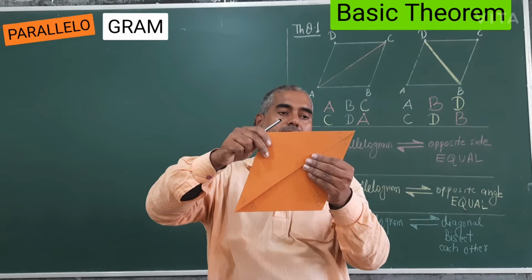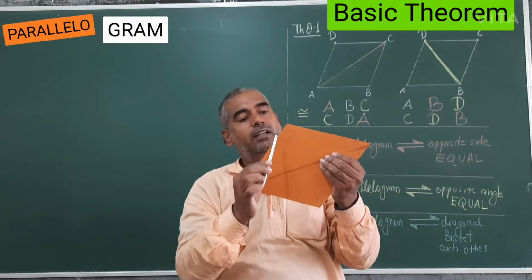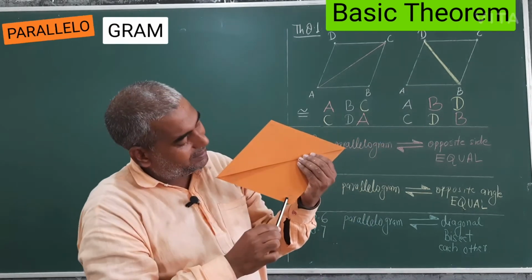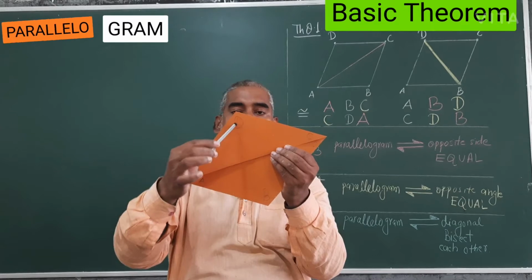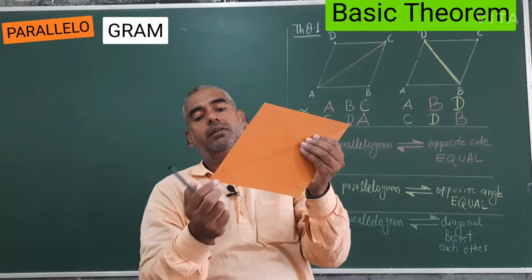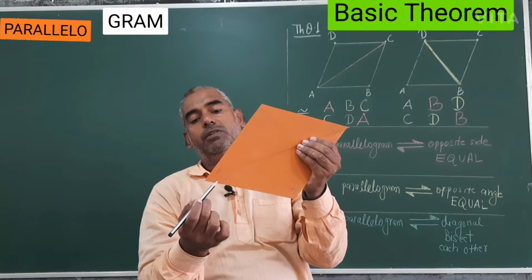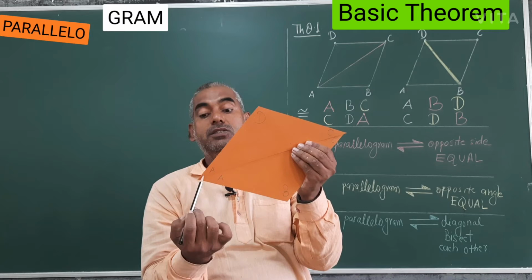Are you able to see? This is D, this is B. These are equal. You know, these are opposite angles, so they will be equal. But this angle is not equal to this. This may be different. This means this is not bisected.